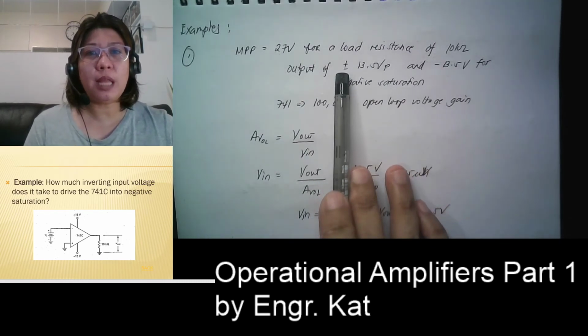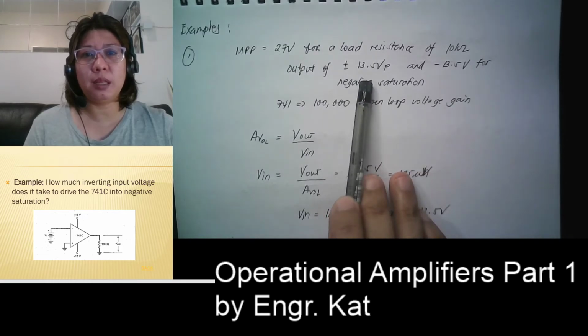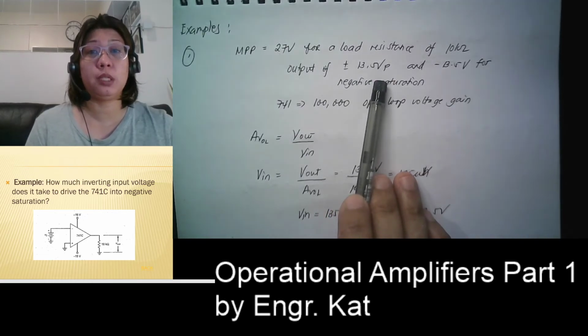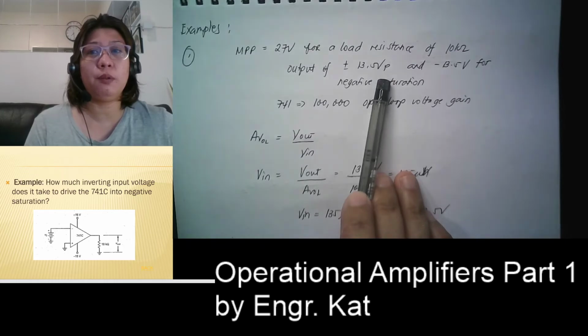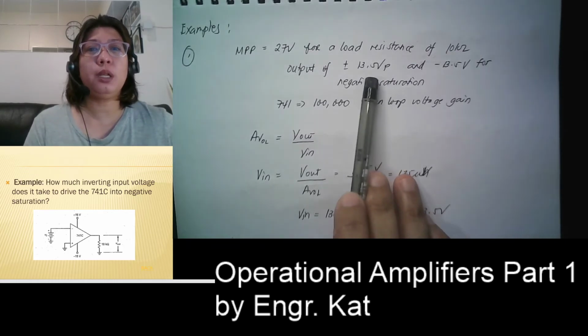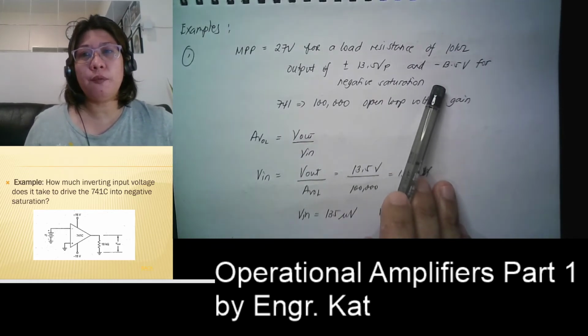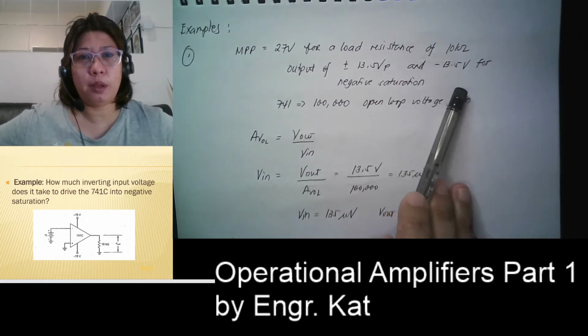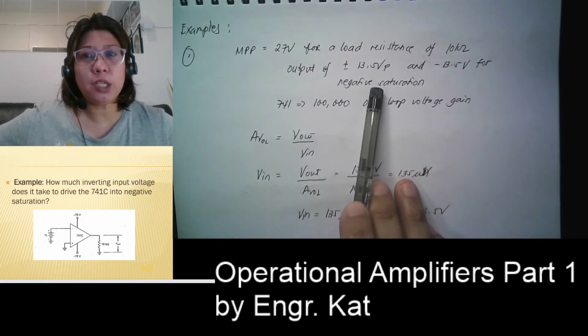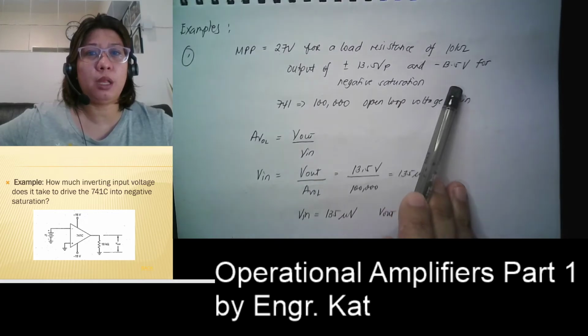So you have an output of positive and negative 13.5 volts peak, and that is 27 volts peak to peak. We need negative saturation, so that means negative 13.5.